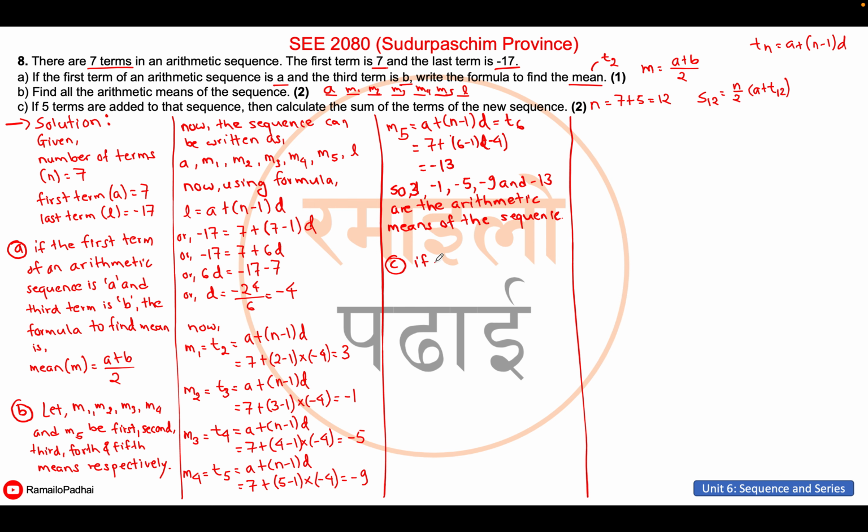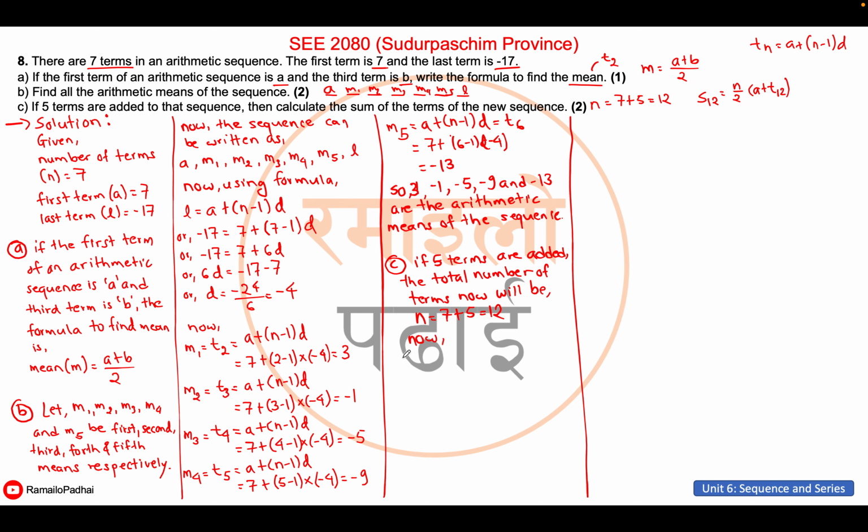If 5 terms are added, the total number of terms now will be n is equals to 7 plus 5 is equals to 12.